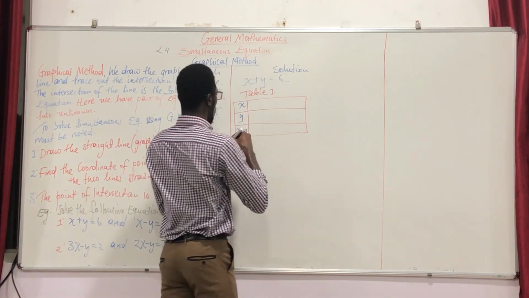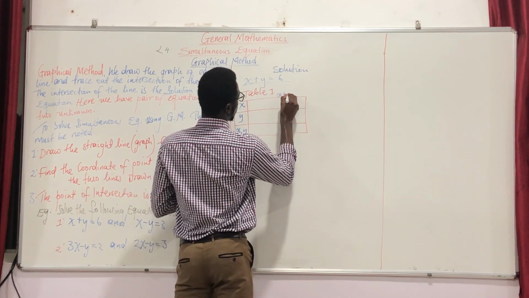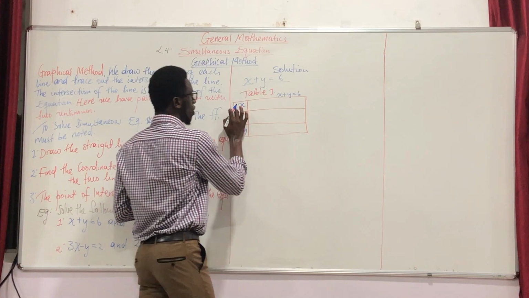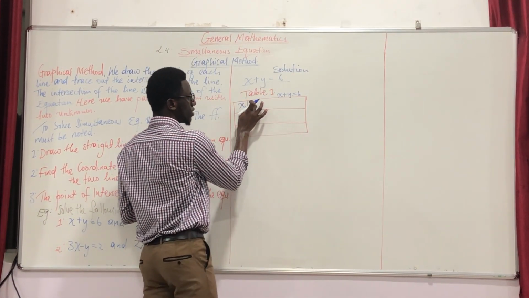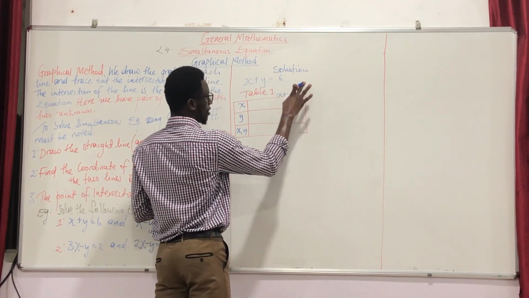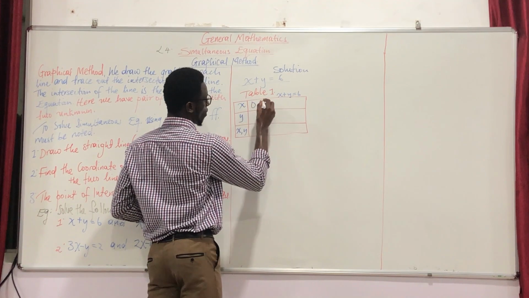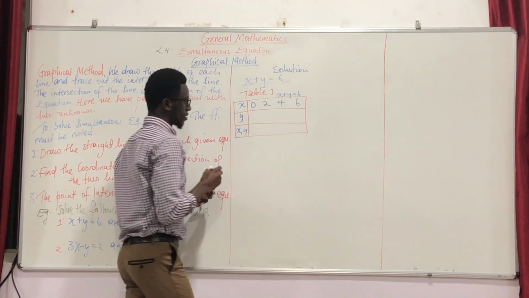Mind you, this one is for x plus y equals 6. Now we can assume any numbers, but make sure the numbers you choose are not fractions. So here we can start from 0, 1, 0, 2, 4, 6.